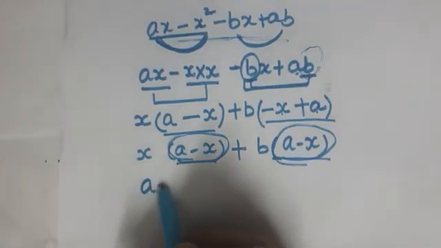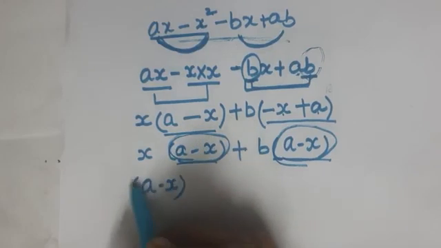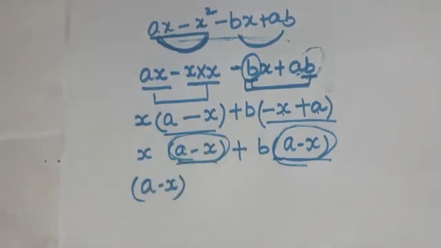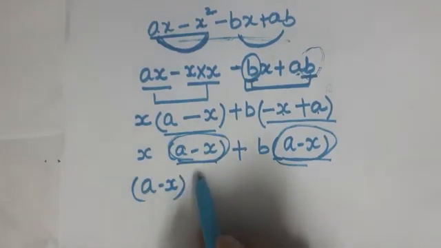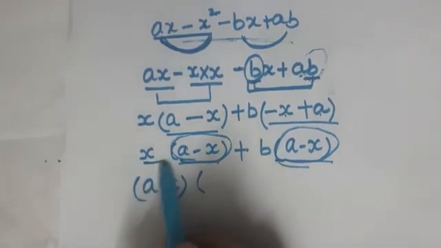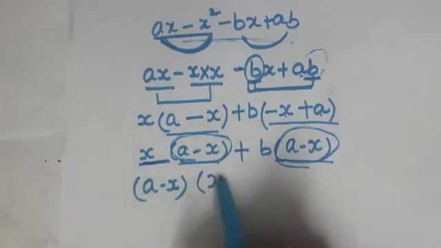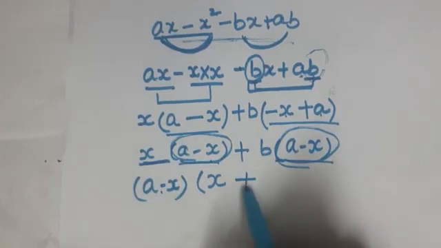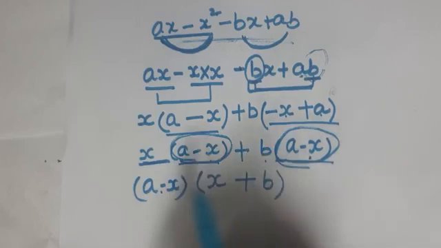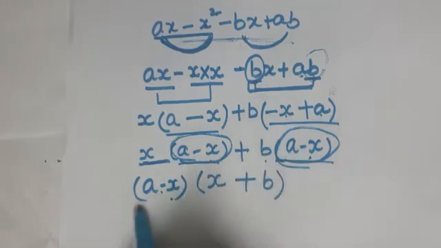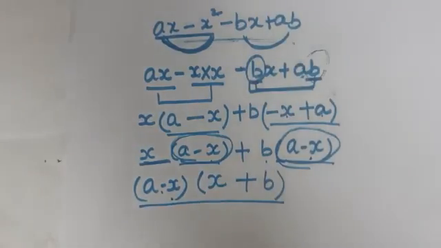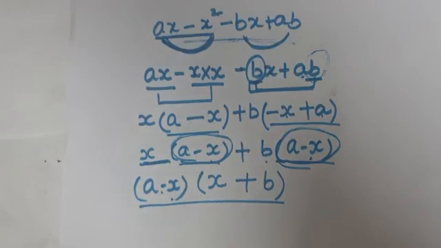So a minus x is common here. So what am I left with? I am left here with x plus b only, because this I have taken common. So now this is your final answer.